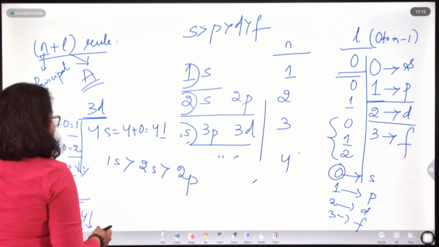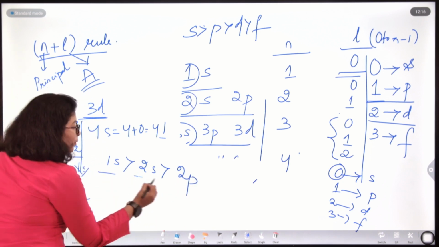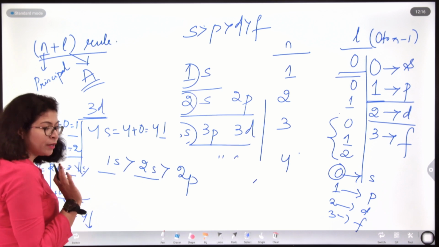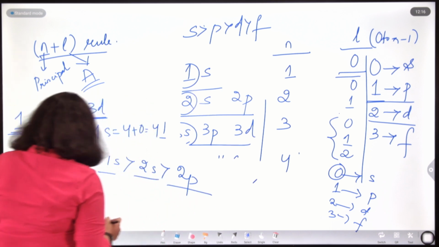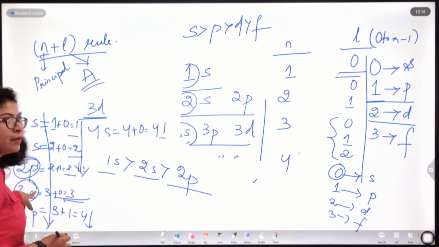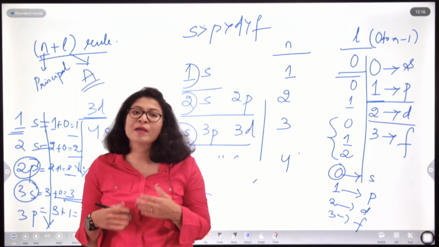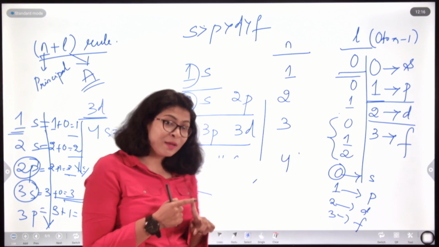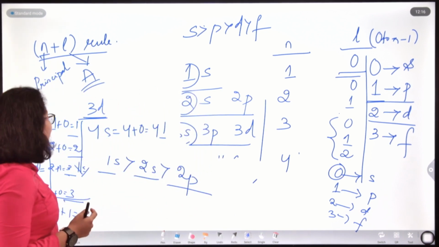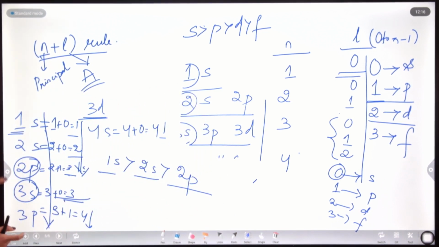But if you compare 2p and 3s, they are in a similar energy state. How do you decide which one has the higher or lower energy? When the value of n plus l for both is similar, then you compare the value of n only.